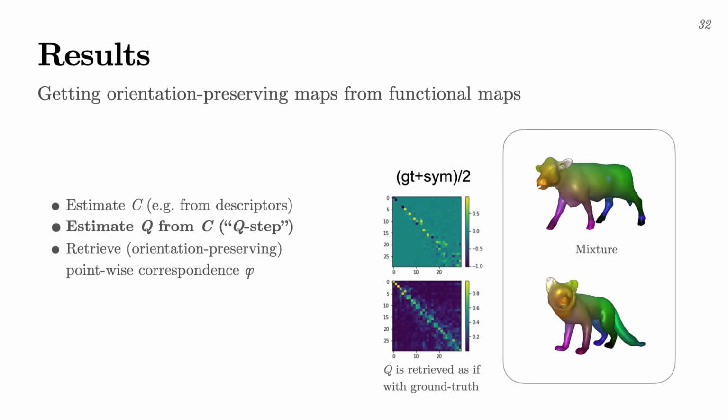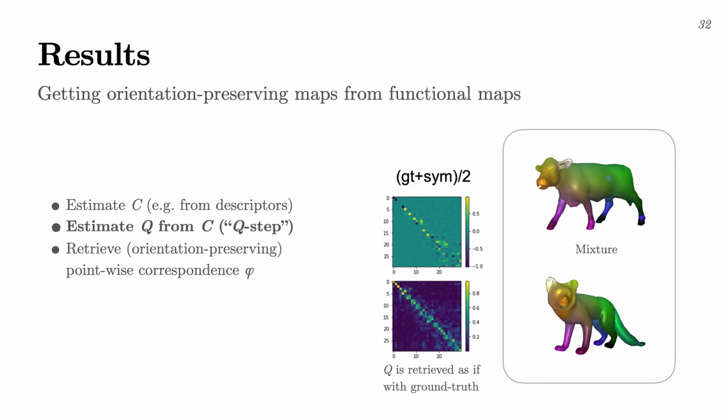Also, as advertised a few slides back, it can be plugged into functional map pipelines to make them orientation preserving. The protocol is very simple. Once the functional map is computed, for instance from descriptors, then one can estimate the complex functional map from the functional map and only then retrieve correspondence, because computing the complex functional map first helps making the map orientation preserving.